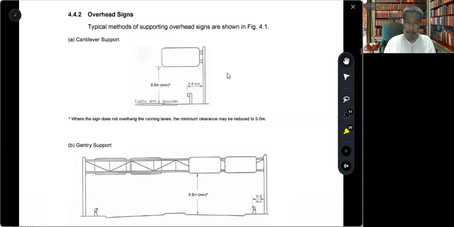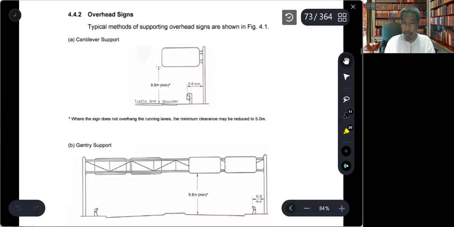There are roadside safety railings like this, particularly in expressways or national roads. For national roads, that is a requirement. So 0.6 meters minimum. Height, 5.5 meters.